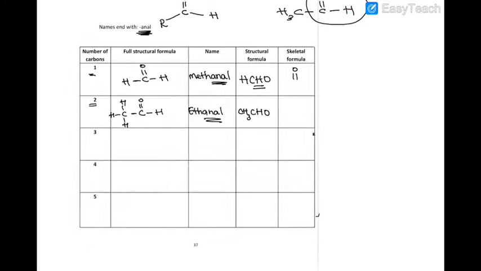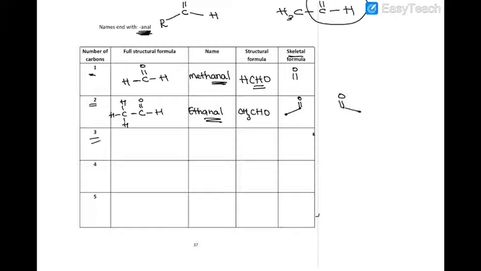And the skeletal formula, I have a CH3 here, and then a C bonded to the O. You can draw it like this, or you can also draw it like this. This is also ethanal, as long as you have two carbons and one carbon is bonded to the double bond O. We don't show H in skeletal formula.